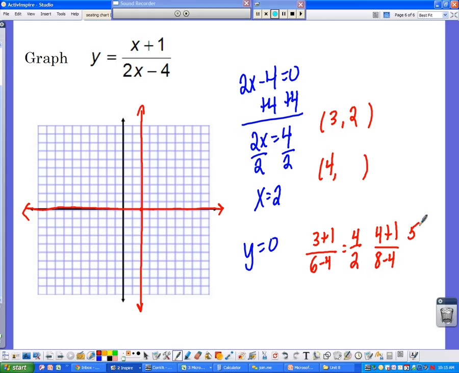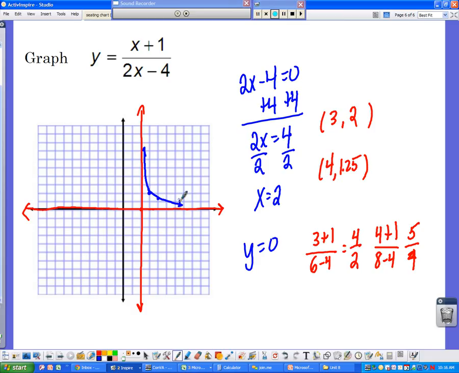So I get 5 over 4, which is 1.25. When I'm graphing those, I get 3, 2, and then 4, 1.25, about 1 and a quarter.